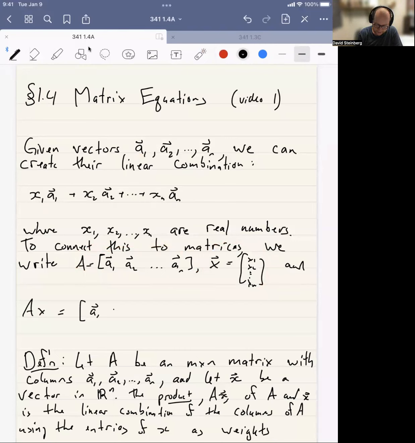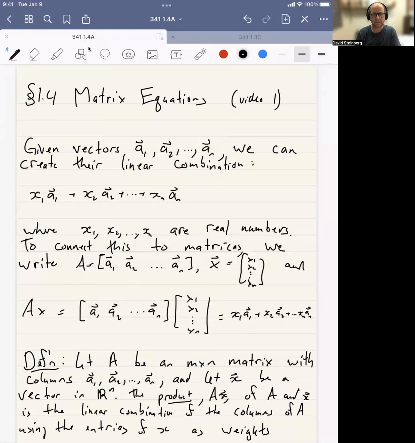So we're giving a definition of taking the product of a matrix of these vectors times the vector we get from all these scalars to give us exactly this linear combination again: x1 a1 plus x2 a2 plus all the way up to xn an.